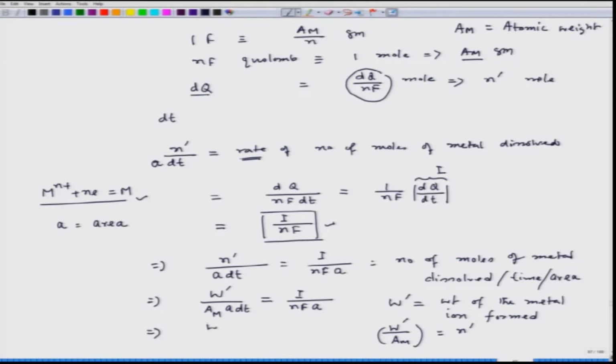Then W prime by AM A dt equals I by nFA.